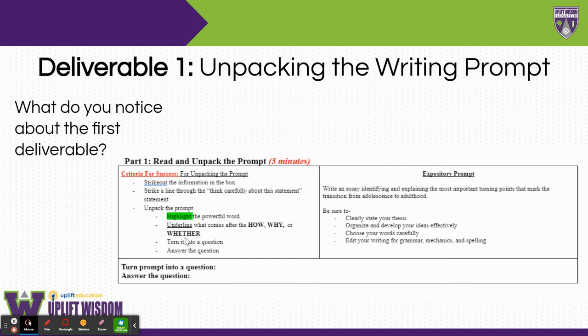Turn it into a question and answer the question. So turn it into a question. This is their criteria for success for unpacking the prompt. Not writing the essay, but just unpacking this prompt.